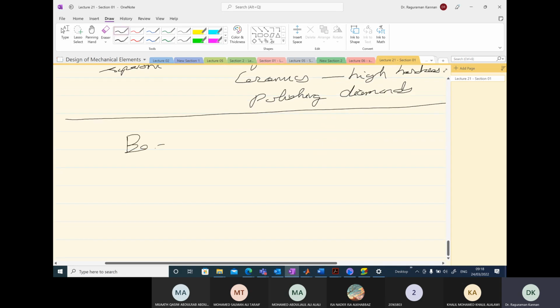Maybe beams subjected to some kind of forces. Beams could be subject to forces distributed or concentrated, moments distributed or concentrated, and then a combination of moments, torques, and forces.